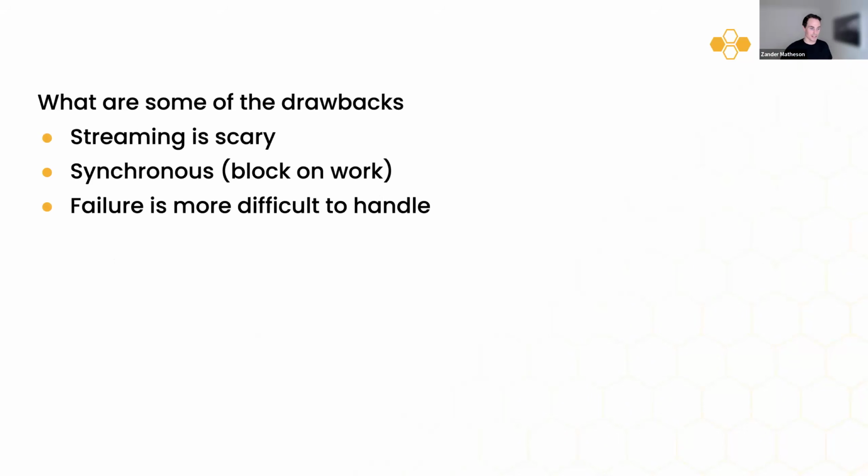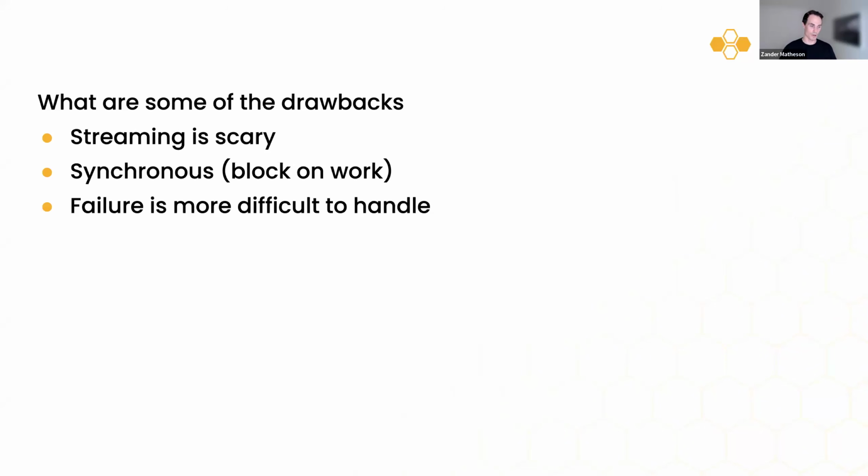Some of the drawbacks of stream processors are streaming is scary, but hopefully after this workshop, it's not. They're generally synchronous, and that's for many good reasons, but it doesn't always fit in applications, but there are workarounds for that, like key-based routing and such. And for this, it makes sense because we're keeping state and we're keeping order of the conversation.